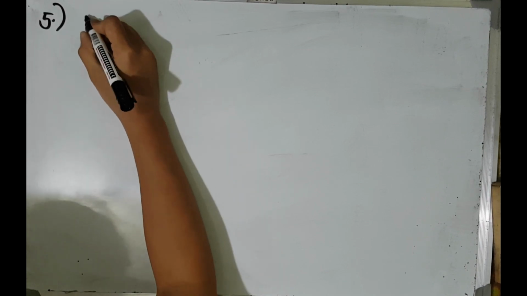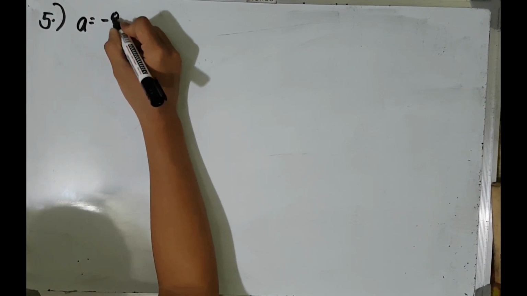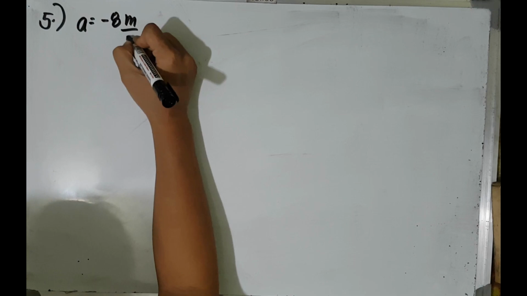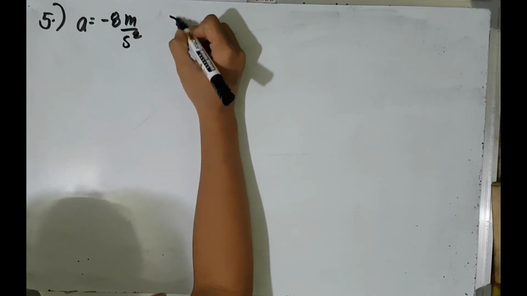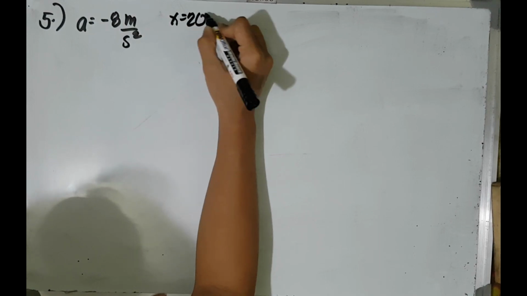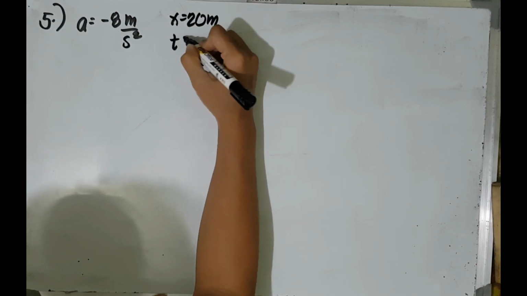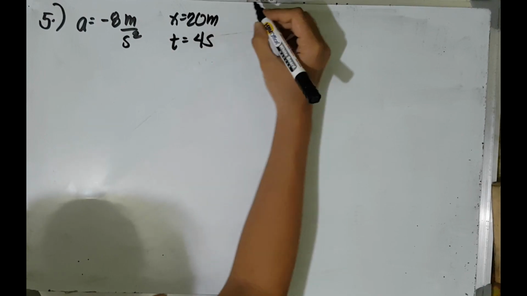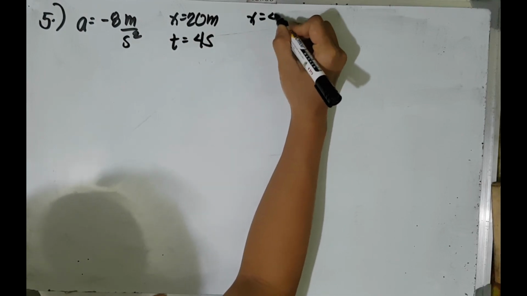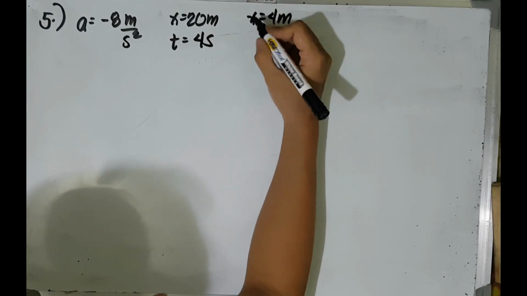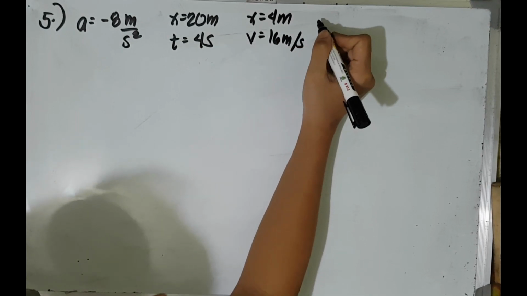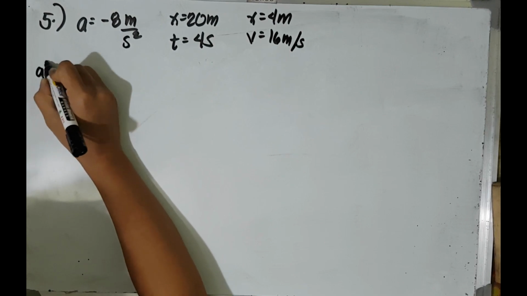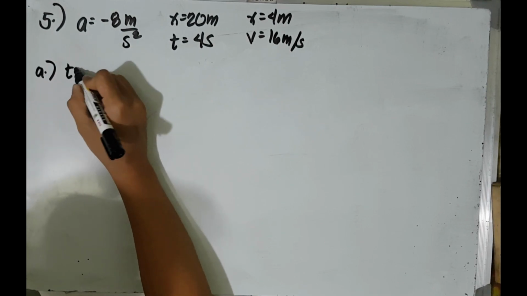So we have the relation a is equal to negative 8 meters per second squared and the given: x is equal to 20 meters when t is equal to 4 seconds, and x is equal to 4 when v is equal to 16 meters per second. So for item 1, the time when the velocity is 0.